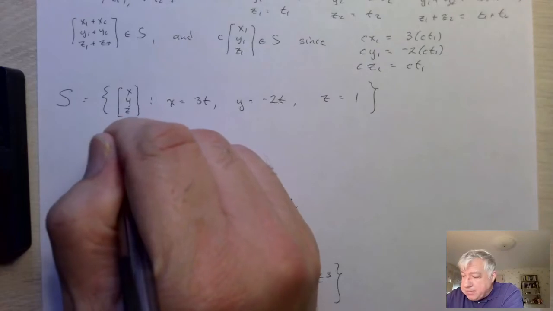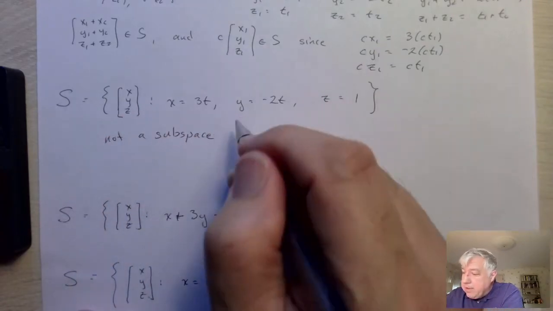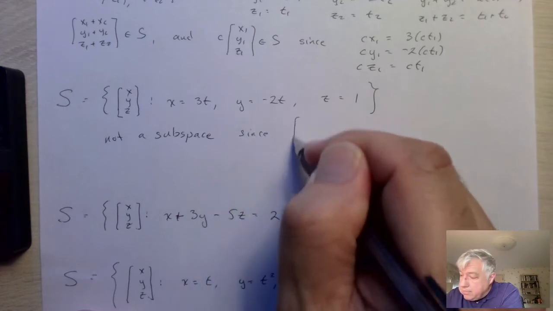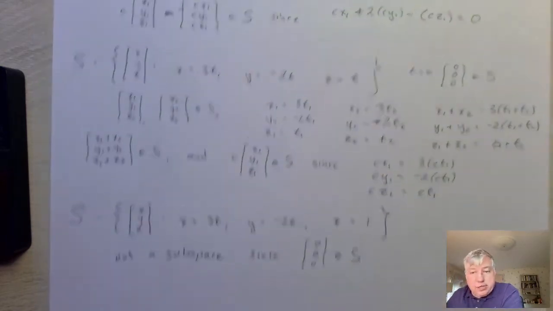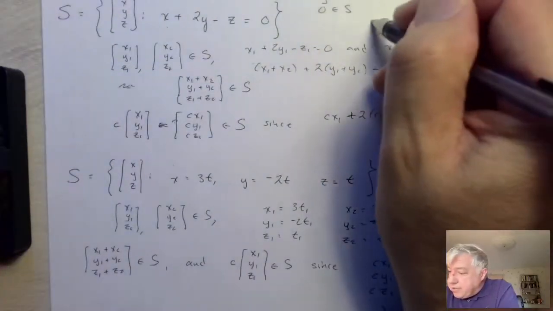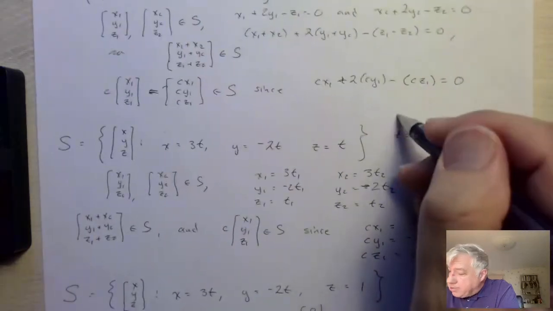So this is not a subspace, since (0, 0, 0) is not in S. Okay, and just to be clear, this one was a subspace. Okay, as was this.